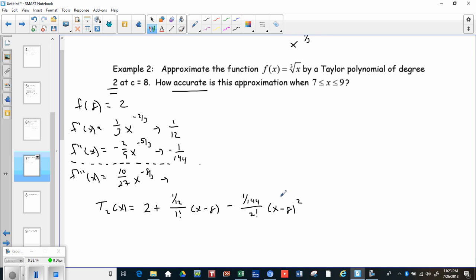There's our second degree Taylor polynomial to approximate the cube root of x. So this is the approximation for the cube root of x.